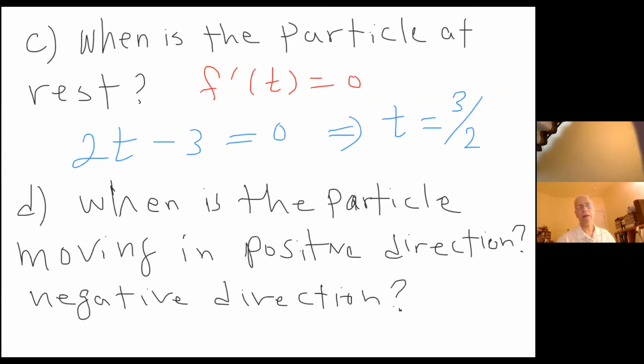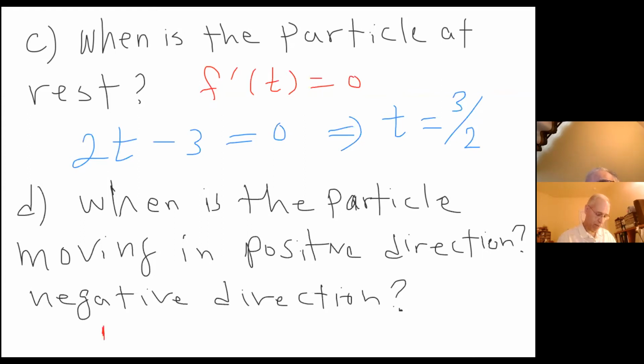Well, we know if the value of the velocity is negative, it's going in the negative direction. If it's positive, it's going in the positive direction.